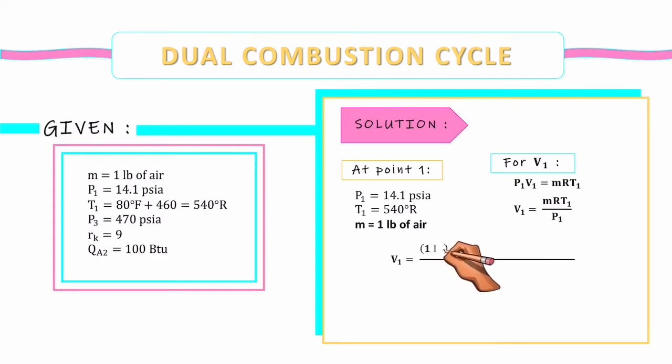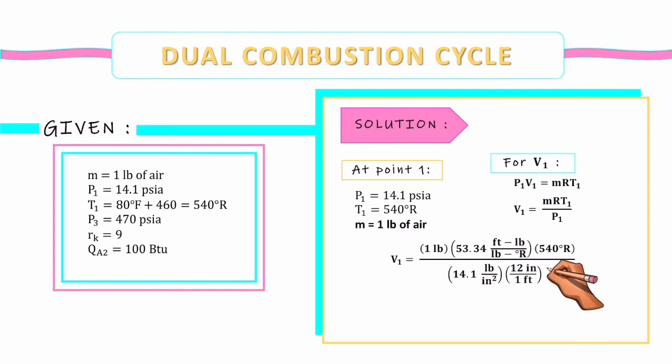So, V1 is equals to 1 pound multiplied by 53.34 foot-pound per pound Rankine multiplied by 540 Rankine over 14.1 pound per square inch multiplied by 12 inch per 1 feet raised to 2. So, we multiply 14.1 pound per square inch by 12 inch per 1 feet raised to 2 to convert the inch to feet for the cancellation of units. So, volume at point 1 is equals to 14.186 cubic feet.